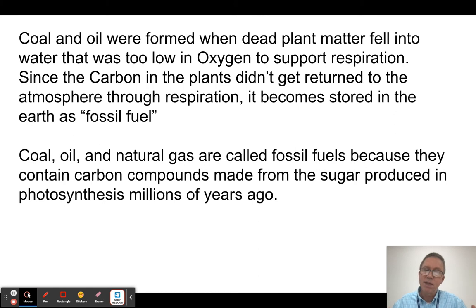So the carbon in them doesn't get respired and turned back into carbon dioxide. It can't go away; it just gets stored in there. Over millions of years, through heat and pressure, the glucose and the cellulose get turned into other things, but the carbon remains. Other carbon compounds are formed out of these cellulose and sugars.